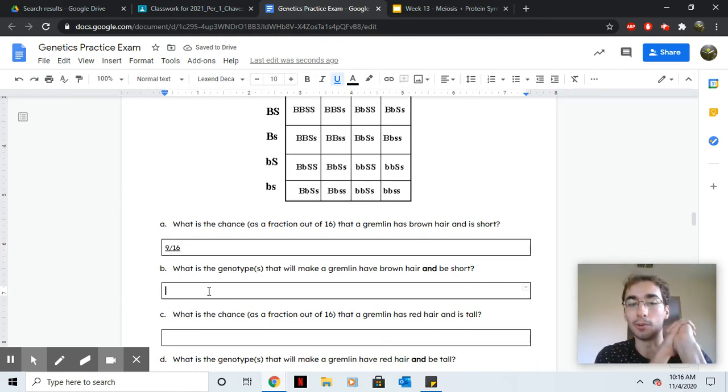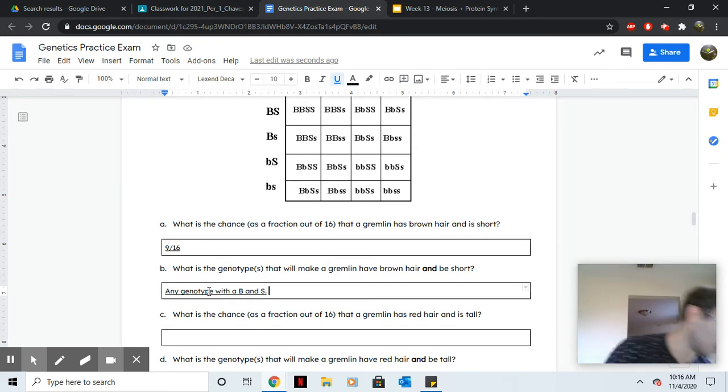Now it asks, what is the genotype that will make a gremlin have brown hair and be short? So I would have taken a couple things. You could have just said any genotype with a big B and a big S. So you understand that big B will take over and give you brown hair, and big S will take over and make you short.